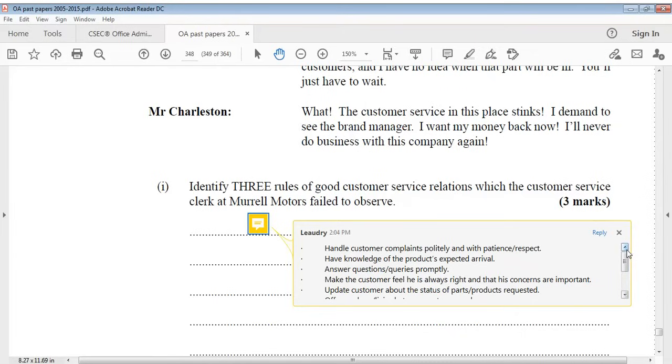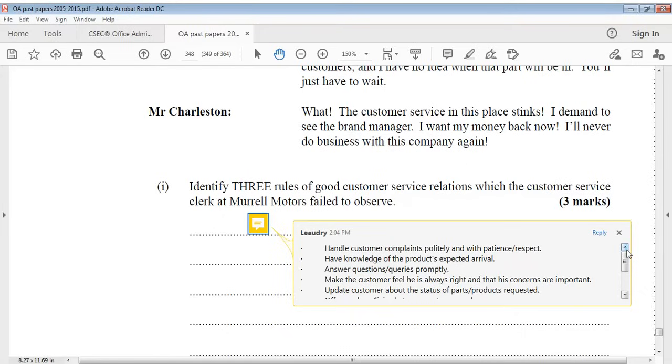1. Handle customer complaints politely and with patience or respect. 2. Have knowledge of the product's expected arrival. 3. Answer questions or queries promptly. 4.